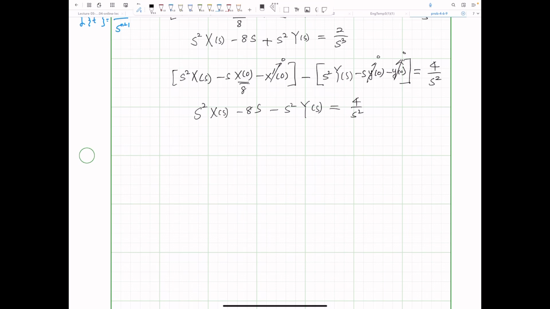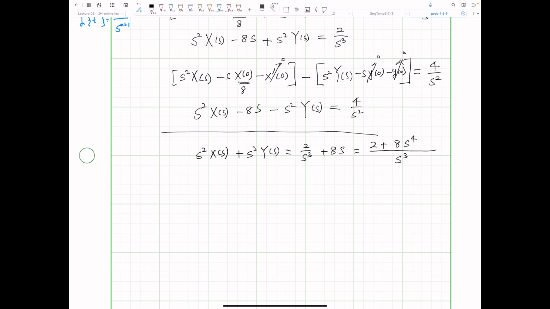So the first equation, we have s squared X(s) plus s squared Y(s) equals 2 over s cubed, move it over, plus 8s. So combining these two, we're going to have a common denominator s cubed at the denominator, and then 2 plus 8s to the 4th.